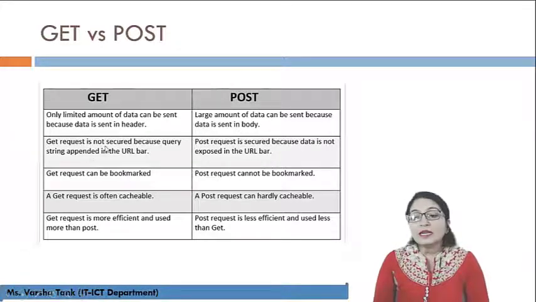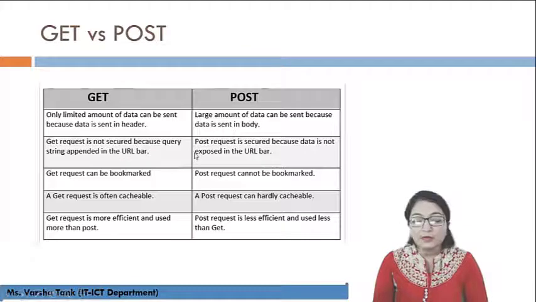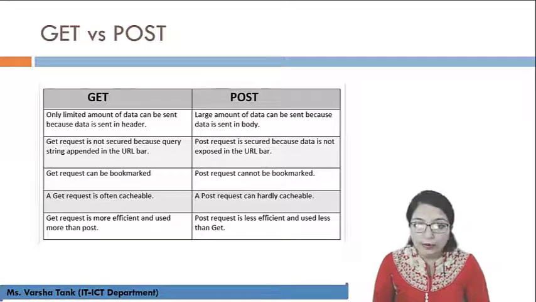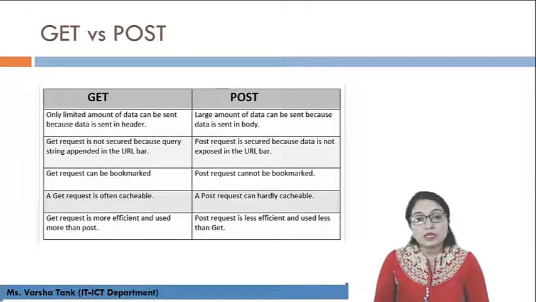A GET request is not secure because the query string is appended in the URL bar. That's why GET is not secure, because information is visible in the header. A POST request is secure because the data is not exposed in the URL bar. So when we use the POST method, data will not be visible in the URL bar. So the POST method is more secure compared to GET.